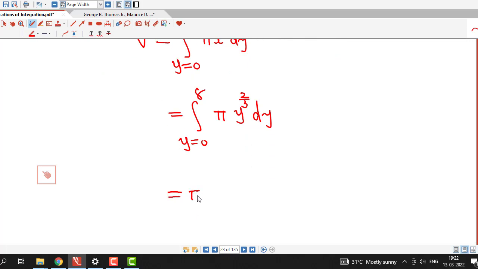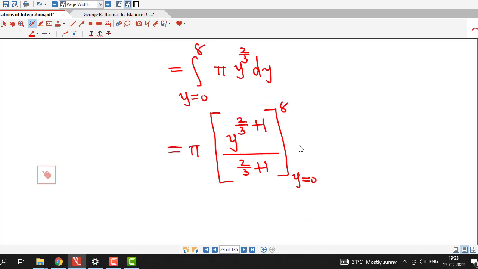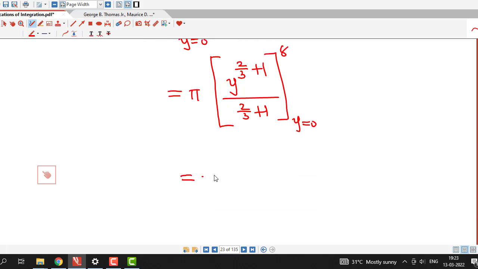So now we can take pi outside. Integral is going to be y raised to 2 by 3 plus 1 divided by 2 by 3 plus 1. Limits of integration for y are from 0 to 8. Now 2 by 3 plus 1 is 2 plus 3, that is 5 by 3, and 5 by 3 is in the denominator, so that we can rewrite as 3 by 5 y raised to 5 by 3.